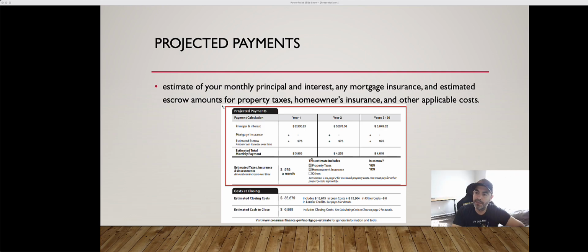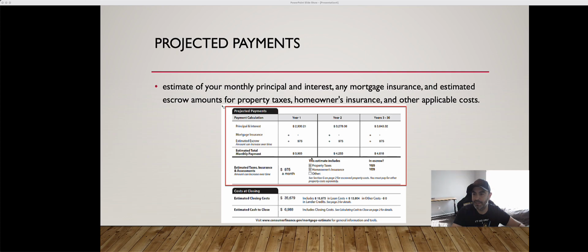So this one's kind of cool as an example because this one's showing a 2-1 buy down. I have another 2-1 buy down video if you want to take a look at it. So here, based on the 6.75% interest rate, they're looking at paying a monthly payment of $4,818, right? But because of the 2-1 buy down, the first year it's as if they're paying a 4.75% interest rate.